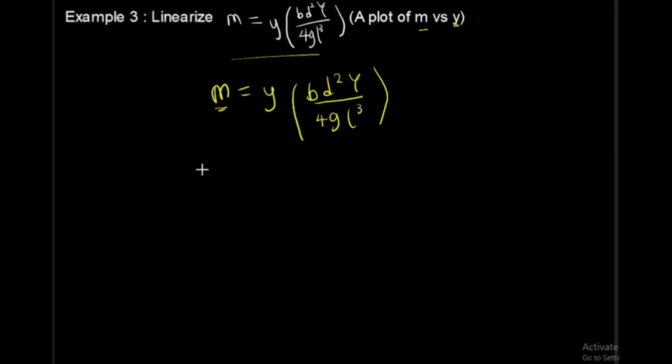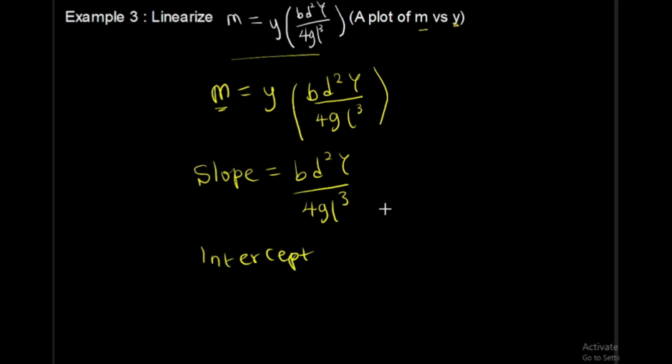Everything attached to the horizontal is the slope, so the slope is equal to bd squared gamma over 4gl cubed. How about the intercept? The intercept here is 0 because there is no other term standing separately. So this is how to linearize an equation.